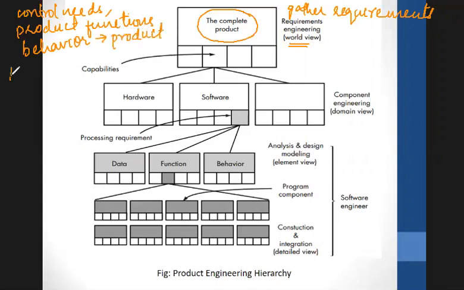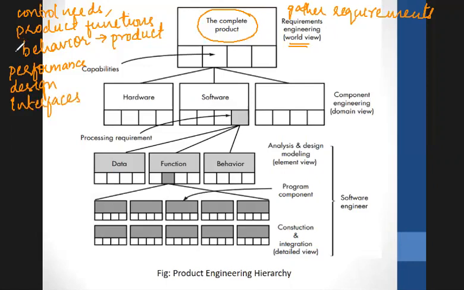Apart from this, you're also going to identify the overall performance for the software, how the design is going to be, and what the different external and internal interfaces are for the particular software.